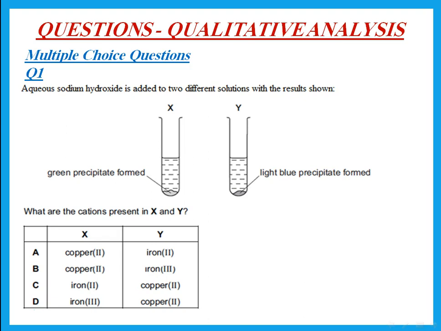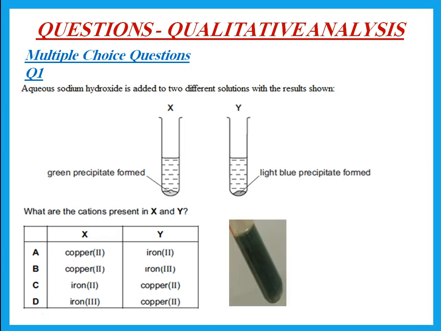So the first question says aqueous sodium hydroxide is added to two different solutions with the results shown. One of them gave a green precipitate, the other one gave a light blue precipitate, and it's asking what is X and what is Y. Now we're going to try and remember which one gives green precipitate with sodium hydroxide.